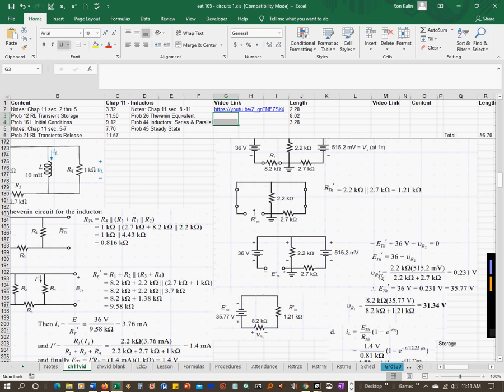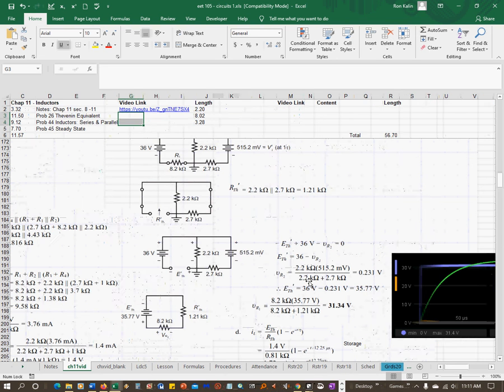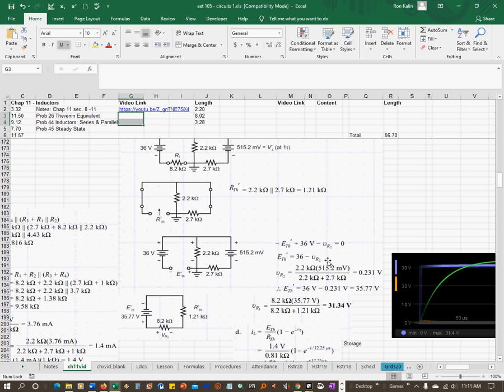So then you plug VR2 back in here, and then you get E Thevenin equals 36 minus 0.231 equals 35.77. So this equation here came from this loop, and then this equation here came from this loop on the right side. So you're looking for the voltage across this resistor coming from this source.